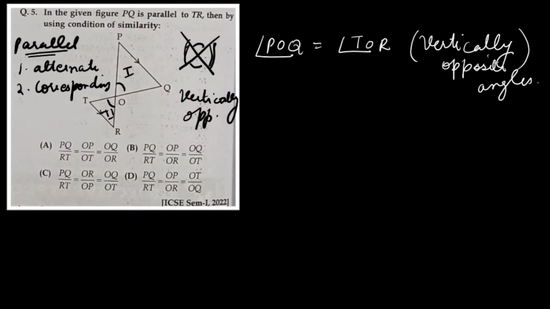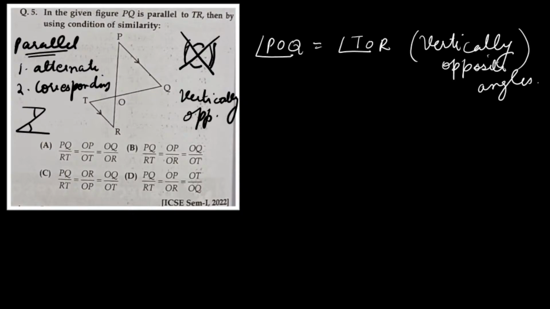Second, parallel lines are there. I told you, either corresponding or alternate. Here you see this Z form. Only with parallel lines can we use the Z form. Whenever you see Z, this angle will be equal to this angle. That is the second angle. That means alternate angles.